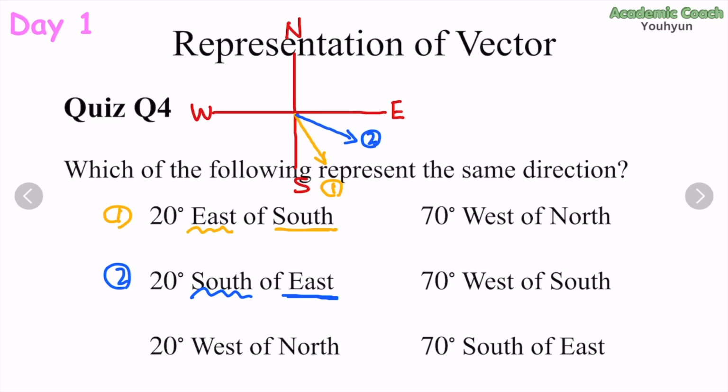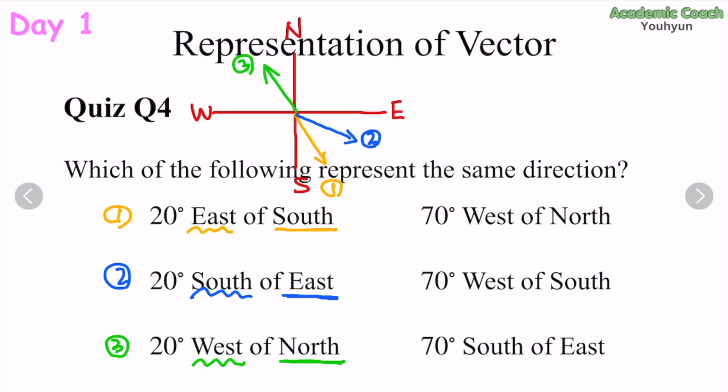And direction number 3, 20 degree west of north. This means that I'm going to point at north first and move towards west by 20 degrees. So north and point toward west by 20. So it should be this direction, direction number 3.